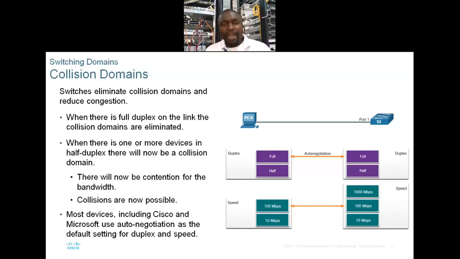The speed has to do with whether it is 10 Mbps, 100 Mbps, or a gigabit, 1,000 Mbps or so. All right. So if you set it to auto negotiation, it is going to adjust the settings of the port or the interface. All these things are to avoid collision.